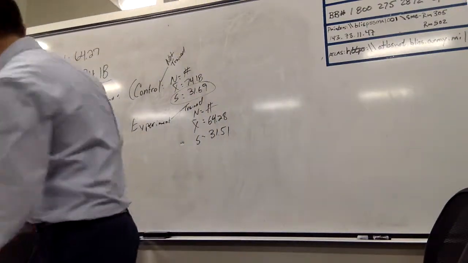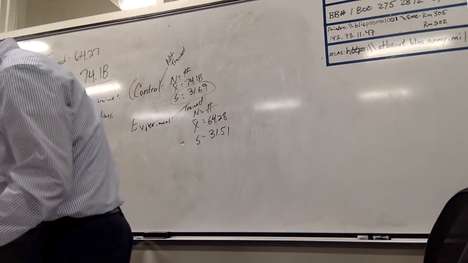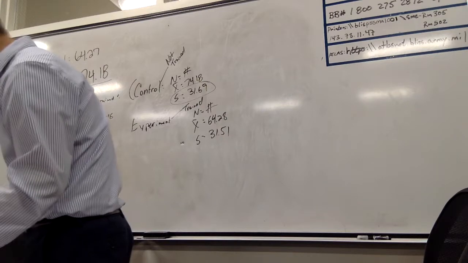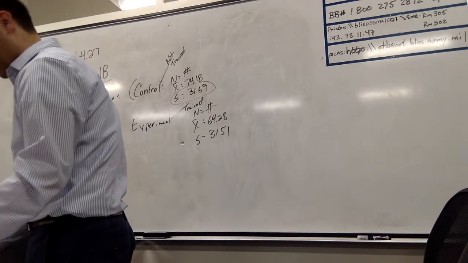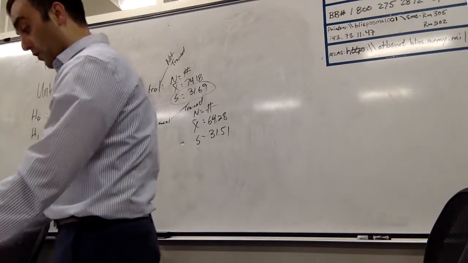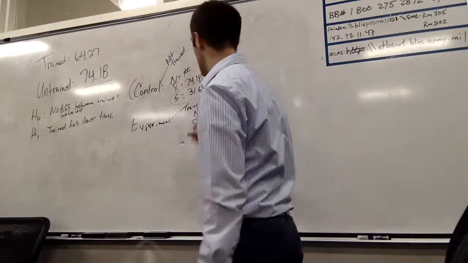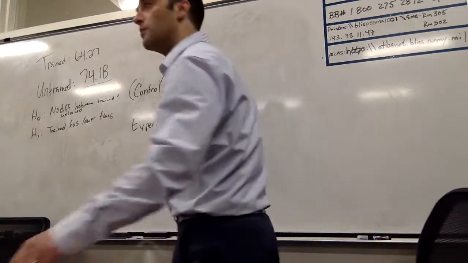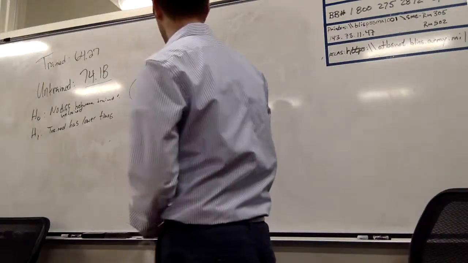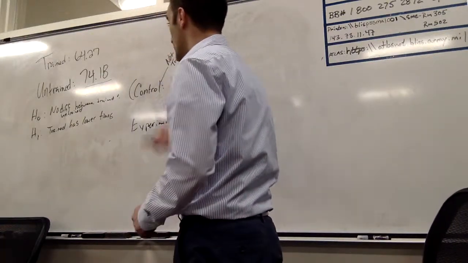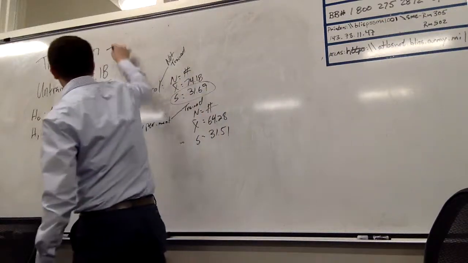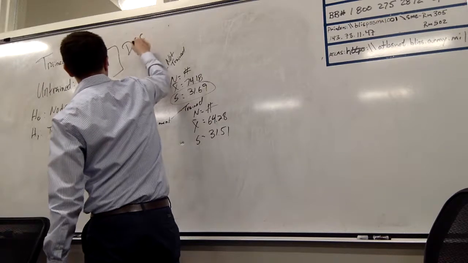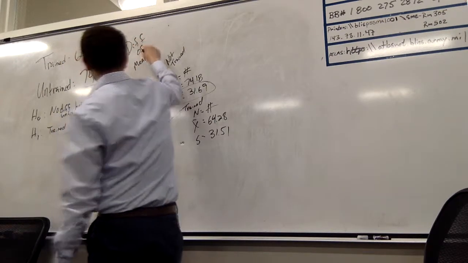Given all this information, you could, in chapter 13, do the really long test by hand. They've got a gigantically long equation to do a t-test for two samples with two different standard deviations. But SPSS will do that for you. So you will be able to determine whether or not the difference of means is statistically significant.